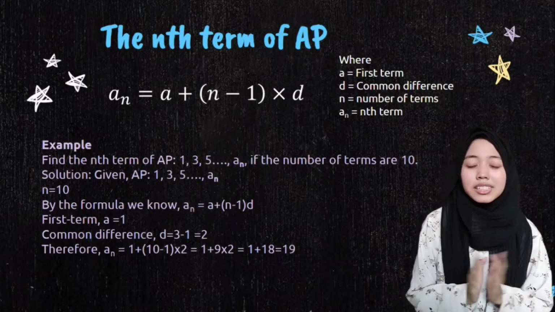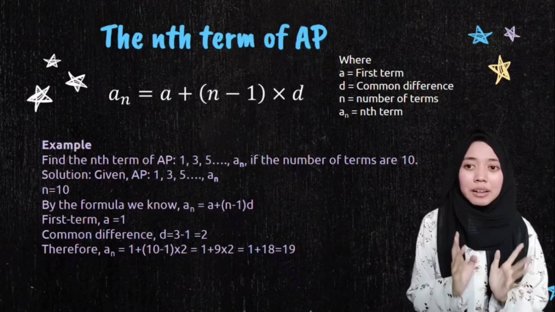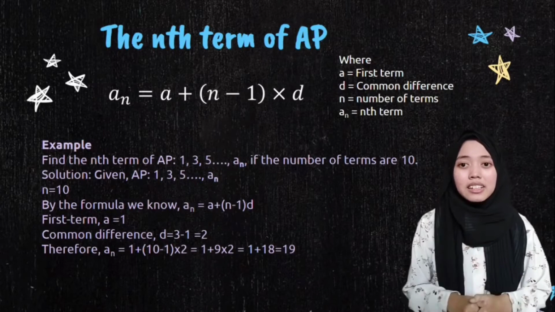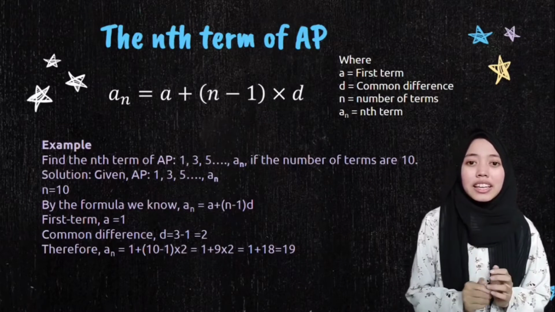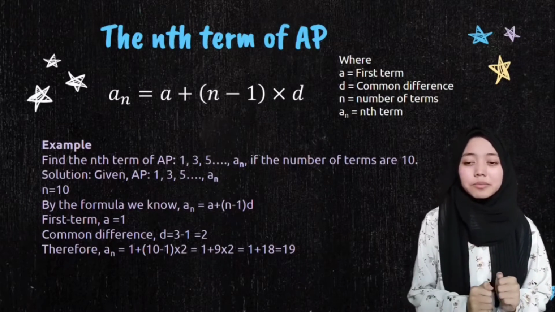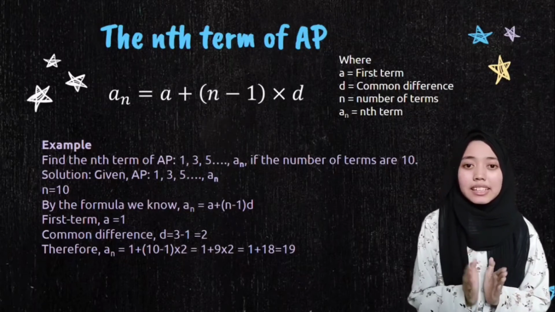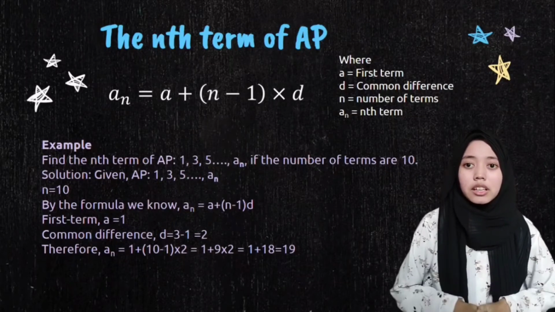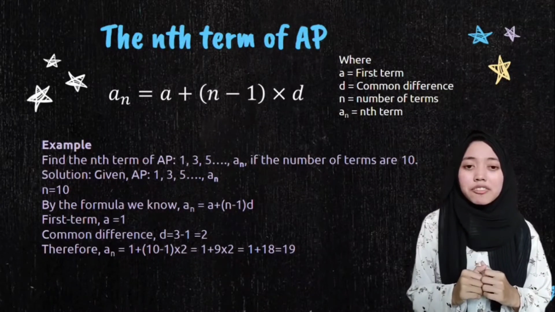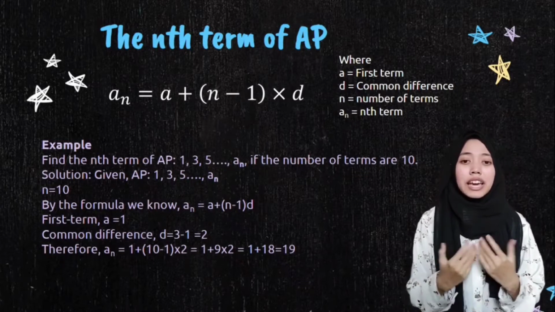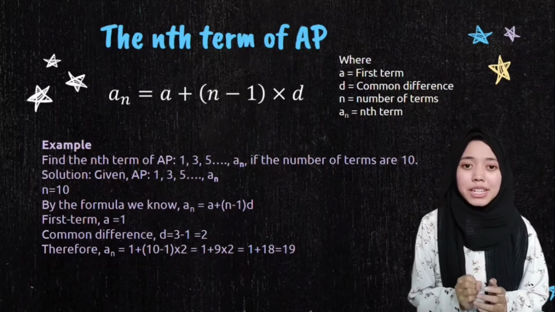For example, if the progression is 1, 3, 5 until an, and the number of terms is 10, so the a10, or an, the last term, is... For the formula an is a plus n minus 1 times t, and a, the first term, is 1, and the common difference t we get from 5 minus 3 equals 3 minus 1.